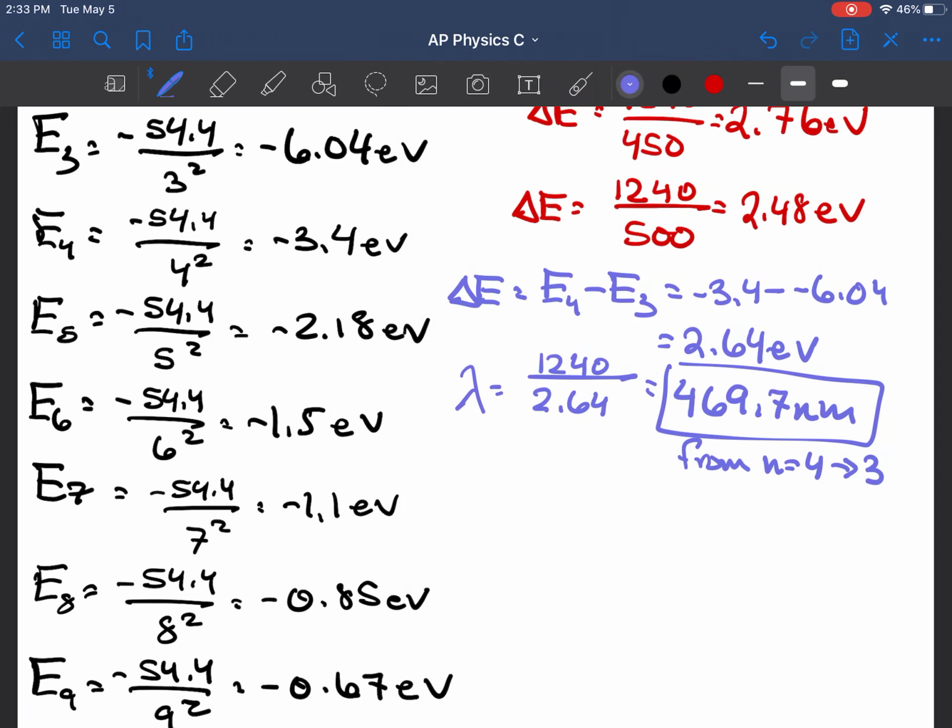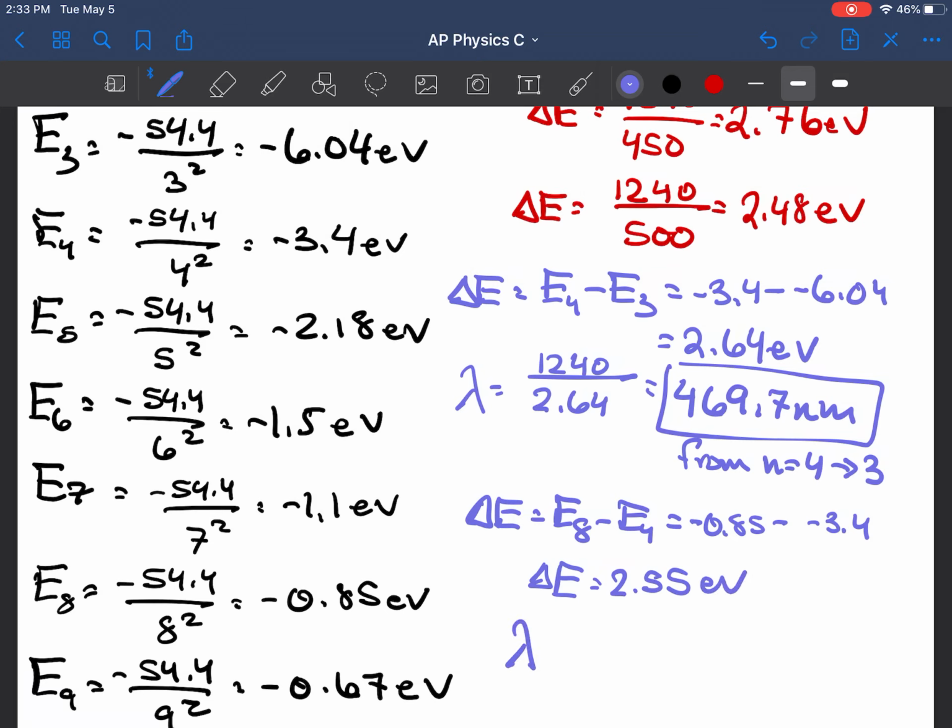So this is our second one. Delta E is equal to E8 minus E4. The difference of those is going to be negative 0.85 minus negative 3.4. That'll give us a change in energy of positive 2.55 eV.